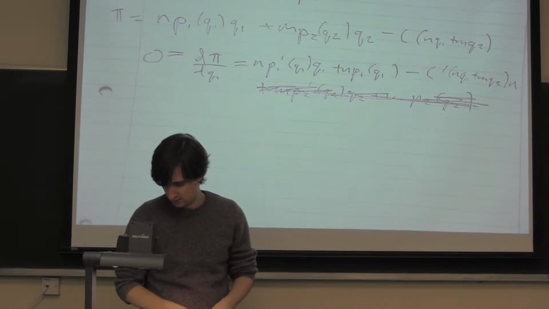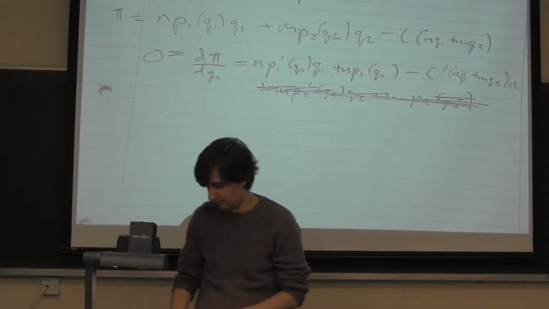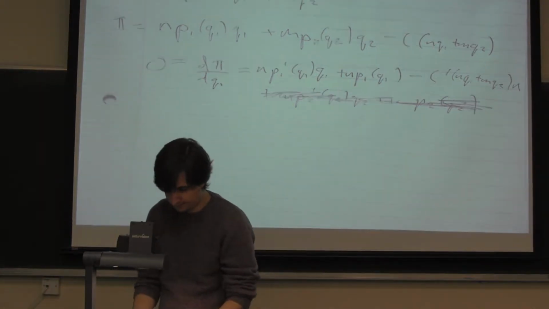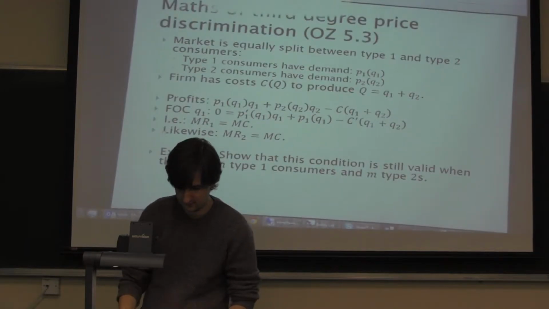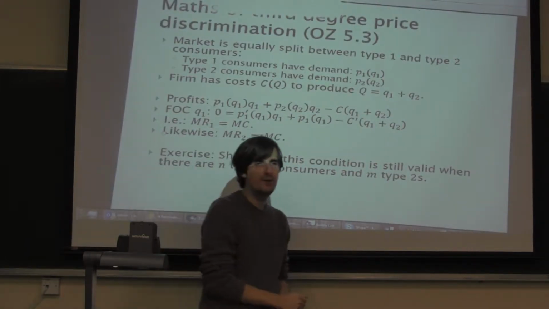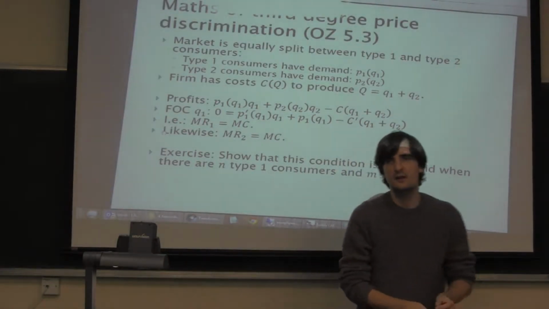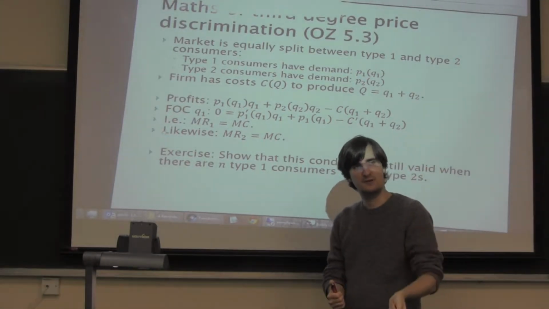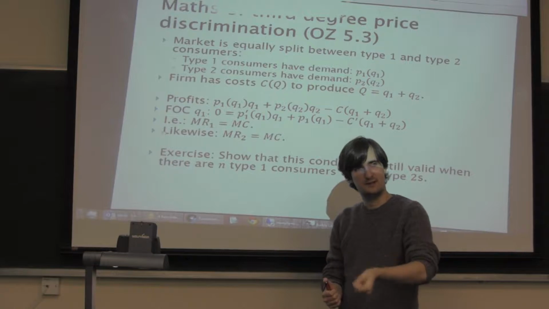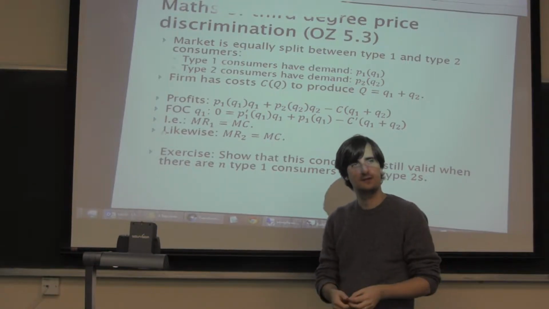I missed an n. Makes sense, doesn't it? Good. Yeah, so the firm is equating the marginal revenue from selling to each consumer individually with the marginal cost of selling to that consumer individually.